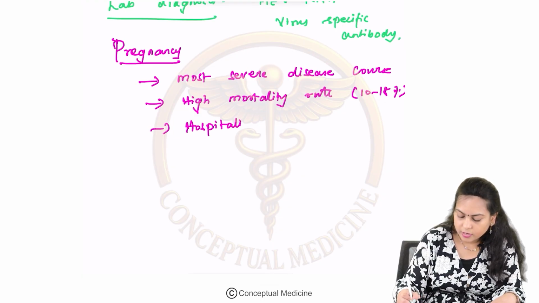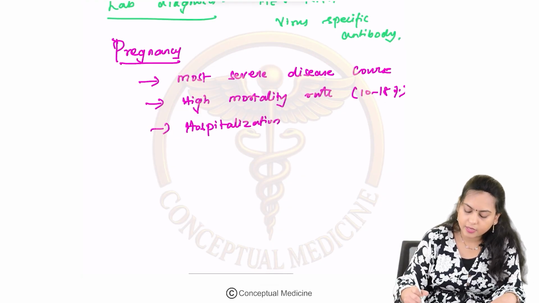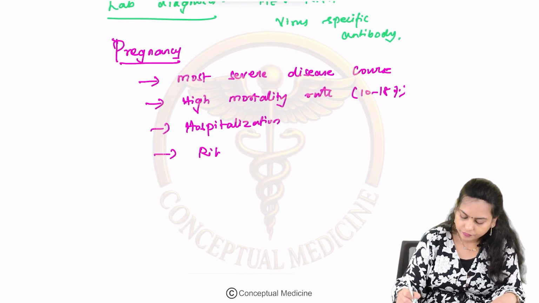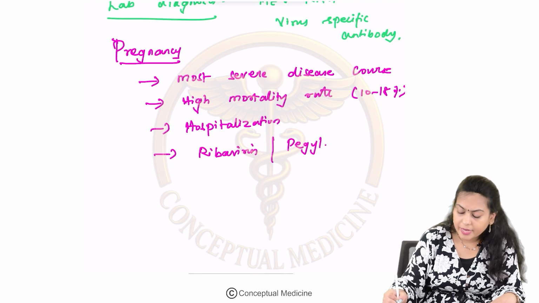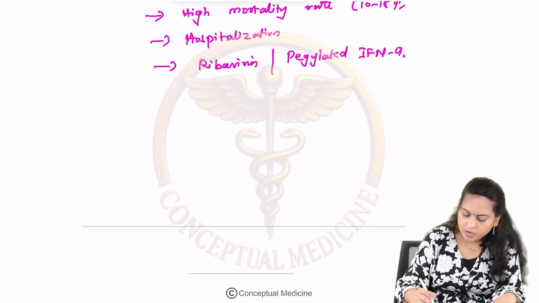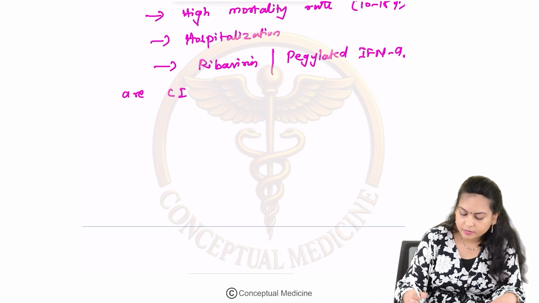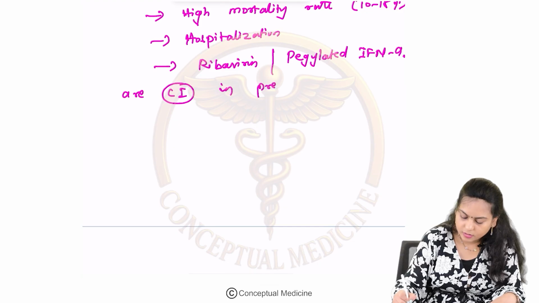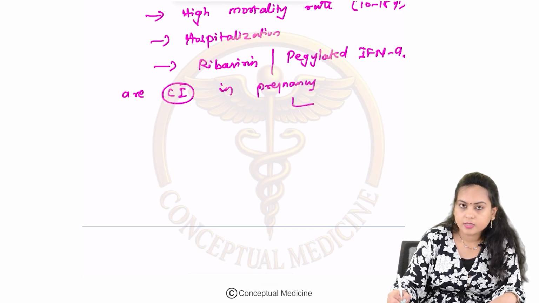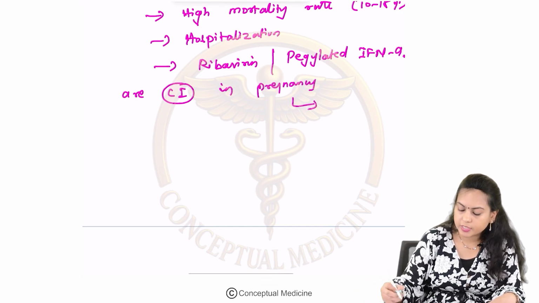So, need of hospitalization can be there, and the drugs like ribavirin or pegylated interferon alpha, okay, are contraindicated in pregnancy, okay, because these are associated with the risk of teratogenicity.